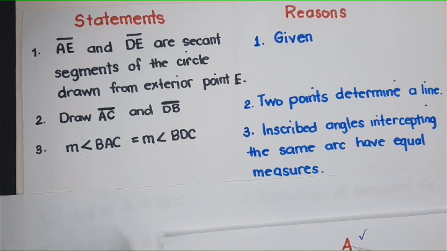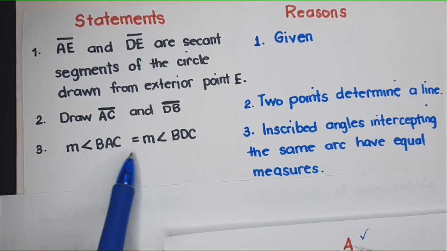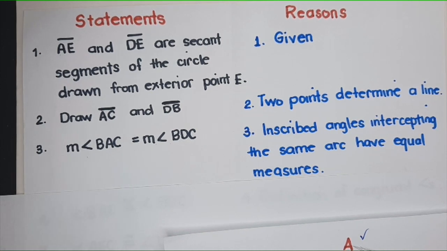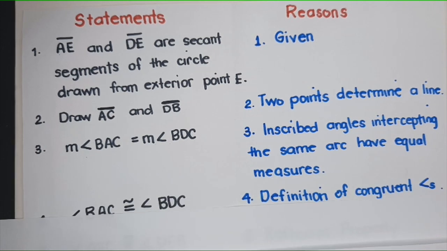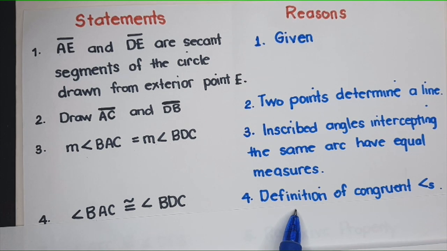Okay? That's correct. So, ibig sabihin, these two angles are congruent. Definition of congruent angles, di ba? Congruent angles have equal measures. So, that is exactly our fourth statement. That one. By the definition of congruent angles.